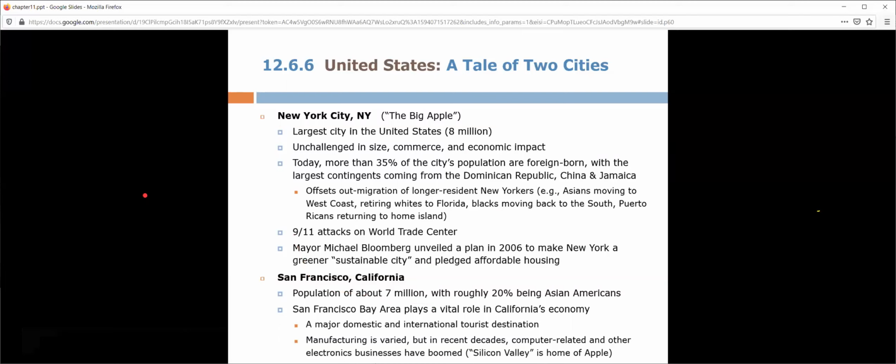New York City is the largest city in the United States by population. If you just include city proper, I think Los Angeles has like a bigger population, but it's more spread out, so it's hard to call it all a city. Yeah, I'm not going to go too deep into New York and San Francisco. I get the feeling you've seen a movie or two about one of these cities, right?